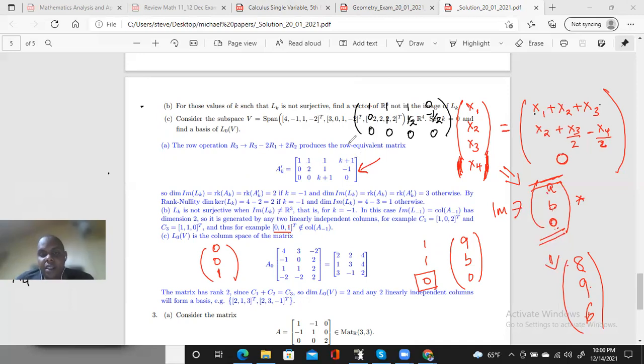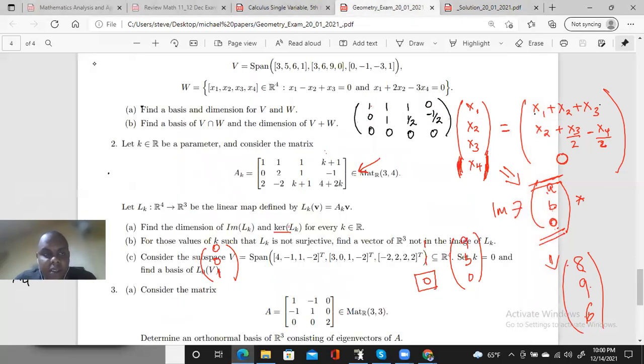Let me take you back to the question. These two matrices are the same matrix. So L is that matrix, whether in row echelon form or in that other format, that's your transformation.